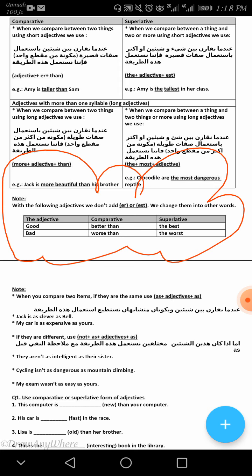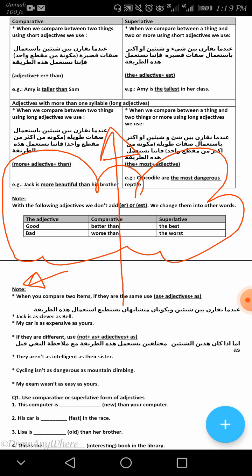Okay, another note you have to be careful about: when you compare two items if they are the same. Now إذا انتبهتوا بالفيديو أو بالأمثلة اللي فوق كان في عندي تفاوت. Jack is more beautiful. Crocodile are the most dangerous. في درجة المقارنة هناك من هو أعلى من الآخر.